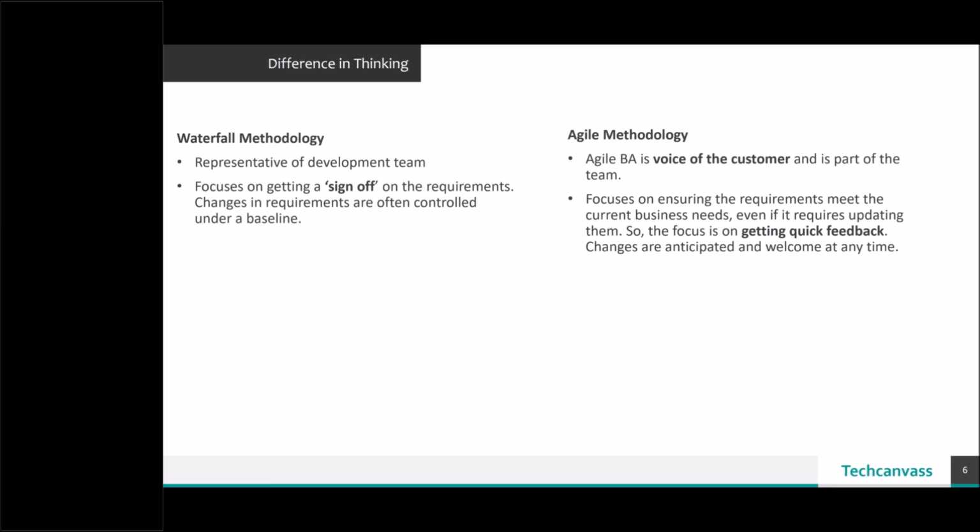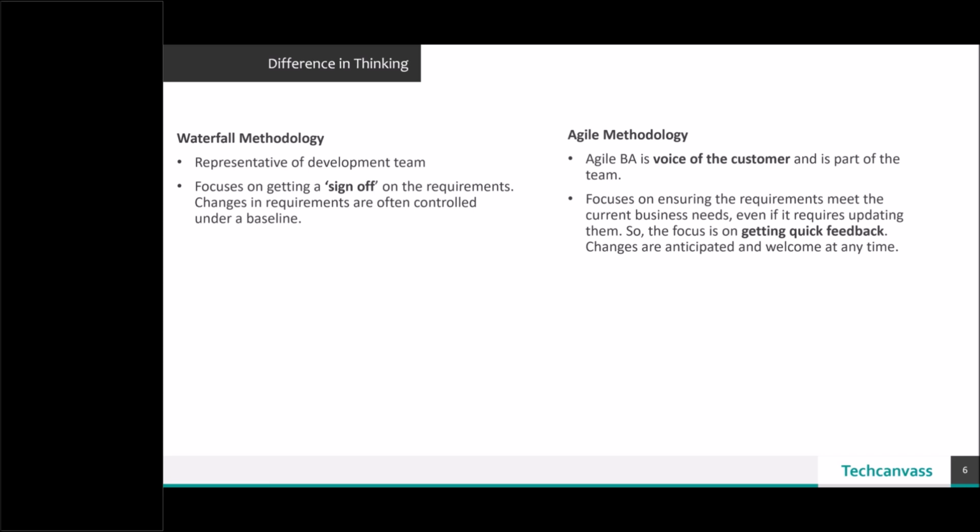In terms of agile BA, the agile BA is always the voice of the customer. He understands what the customer actually wants. There are some situations where there have been regulation changes, where you understand, okay, this is a governance thing and it needs to go out to the market in maybe the next 1 month or so. So you drop everything and focus on the regulation changes, because that needs to go out as soon as possible.